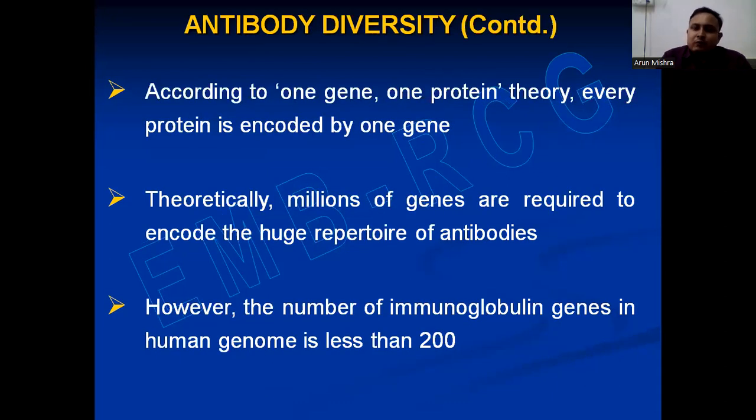According to the one gene, one protein theory, every protein is encoded by one gene. Theoretically, millions of genes are required to encode the huge repertoire of antibodies. However, the number of immunoglobulin genes in the human genome is less than 200. So there are only 200 genes which code for a protein which becomes an immunoglobulin or an Ig.